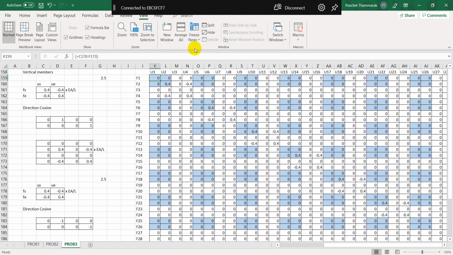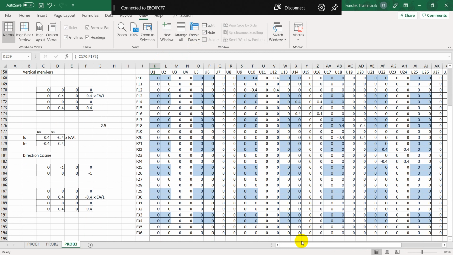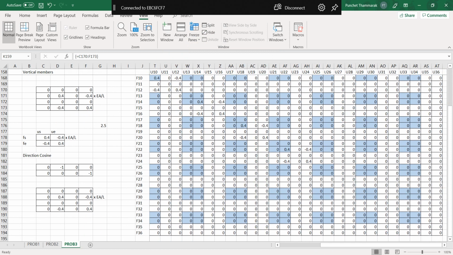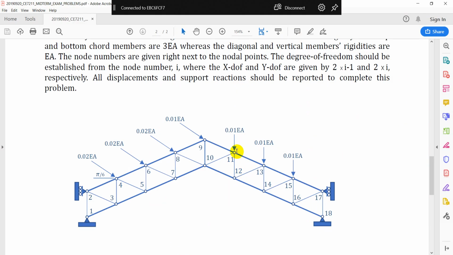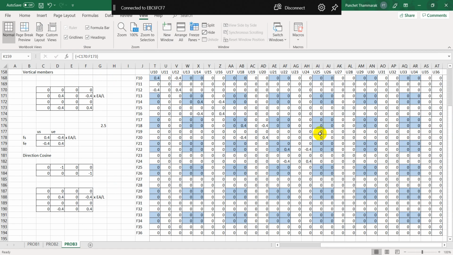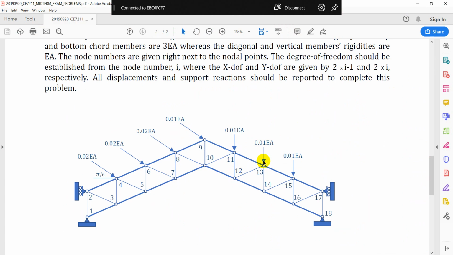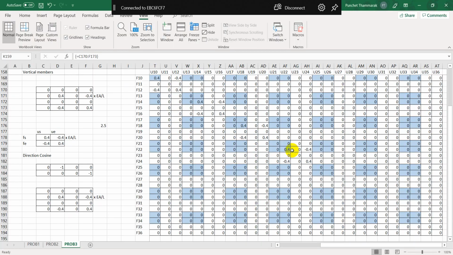Freeze pane here. 21, 22, 23, 24 already. 5, 6, 7, 8, 29, 30, 31, 32, 33, 34, 35, 36. Everything is just repeating like this. I will not switch back and forth. And there you go, the last one.